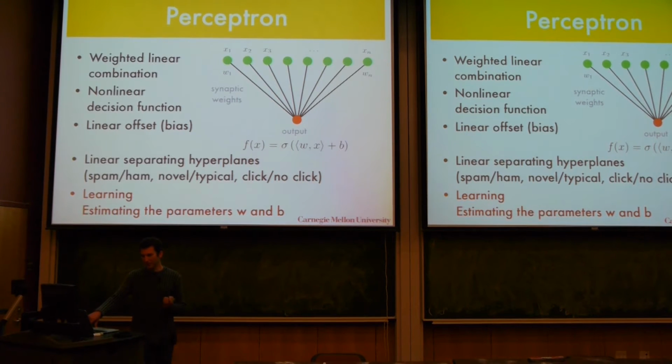Now, what we really have is a weighted linear combination of those inputs. Then quite often we have a nonlinear transformation of them, like the sigma here, and quite often a bias is just added. All that happens with learning is that you want to get from the inputs to the outputs. Now you think it was simple.